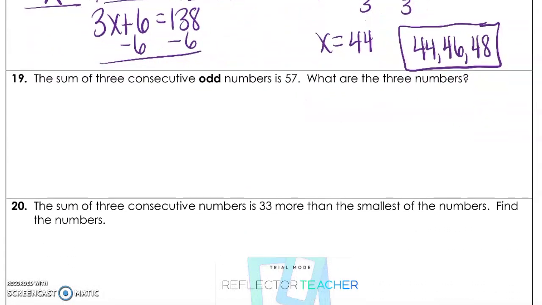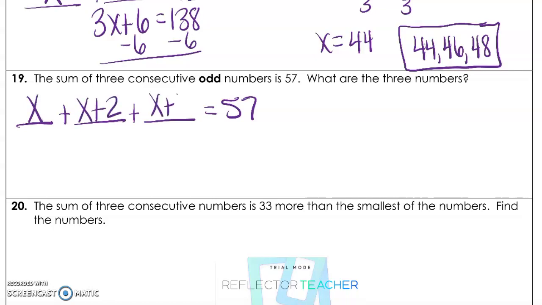Number 19, the sum of three consecutive odd numbers is 57. So x, x plus 2, x plus 4. Again, even though they're odd numbers, you still add 2 and add 4.